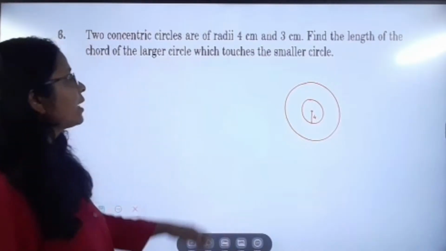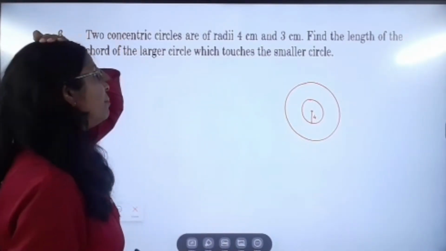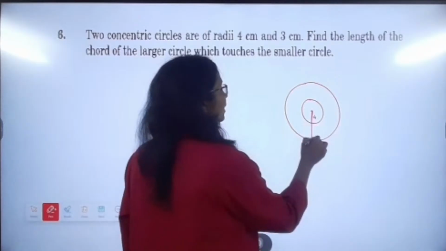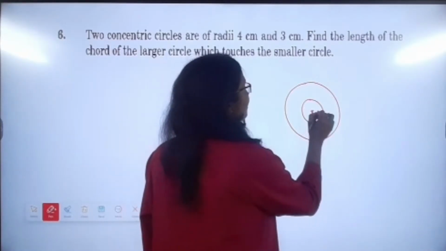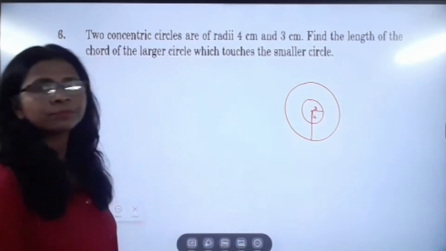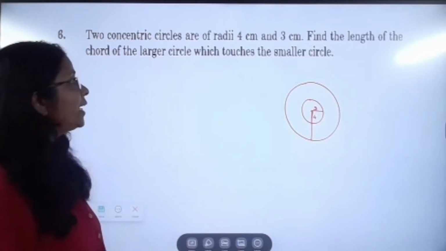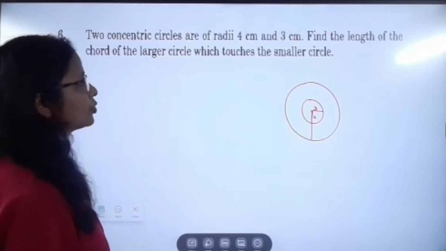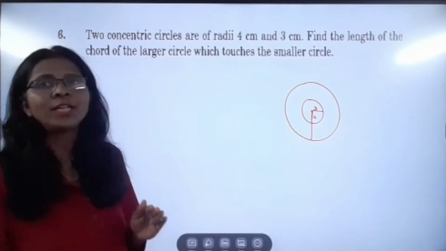Then we have to find the chord of the larger circle.